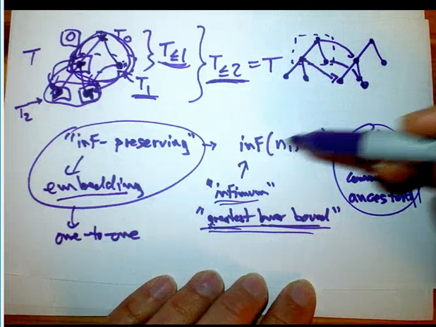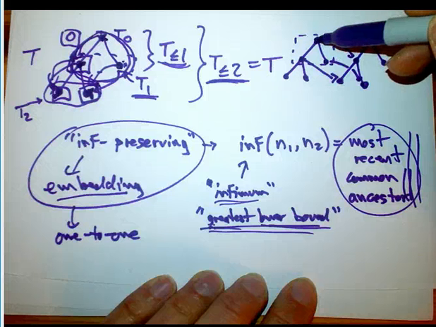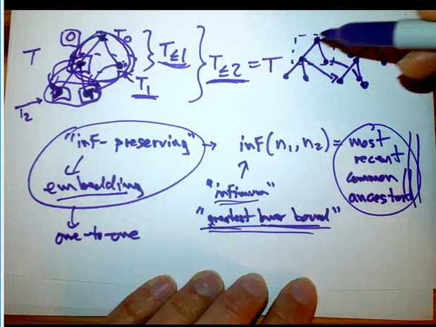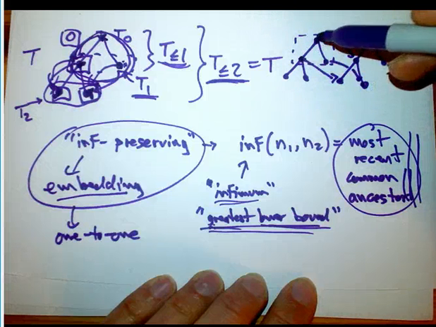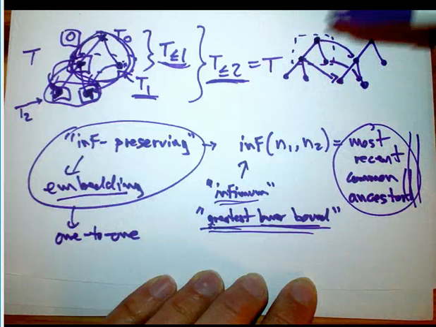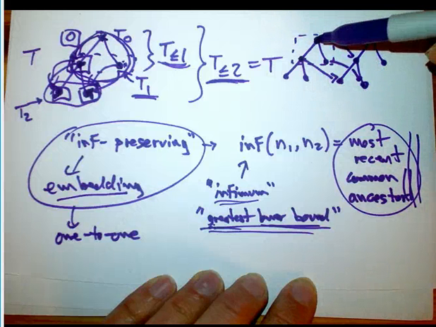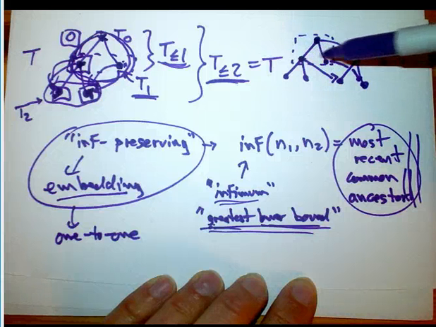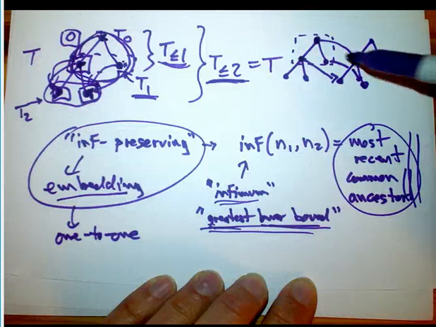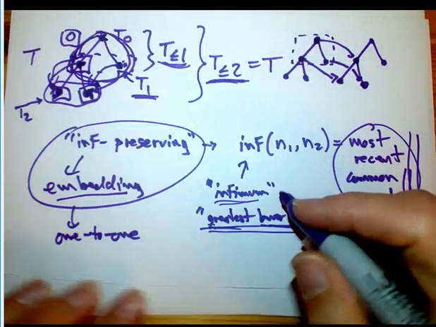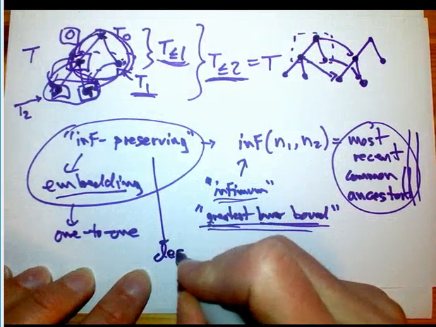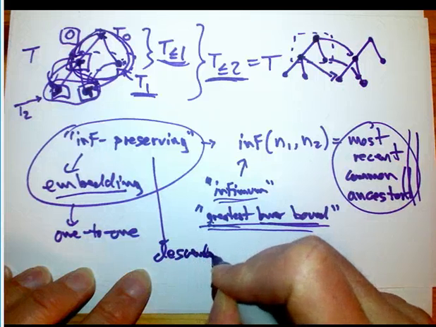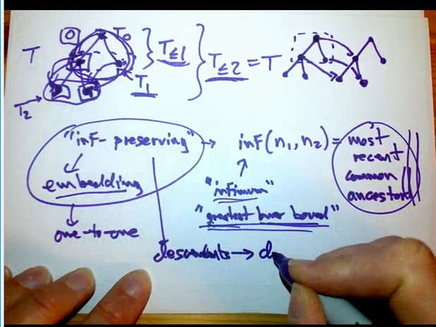A simple case of the inf is, suppose I have one thing that's actually a direct ancestor of the other. Then the inf of these two guys is always just the ancestor. So that's an important point, that if this guy goes to here, this guy is absolutely forced to go to some descendant of it somewhere. In particular, this means that descendants have got to go to descendants.